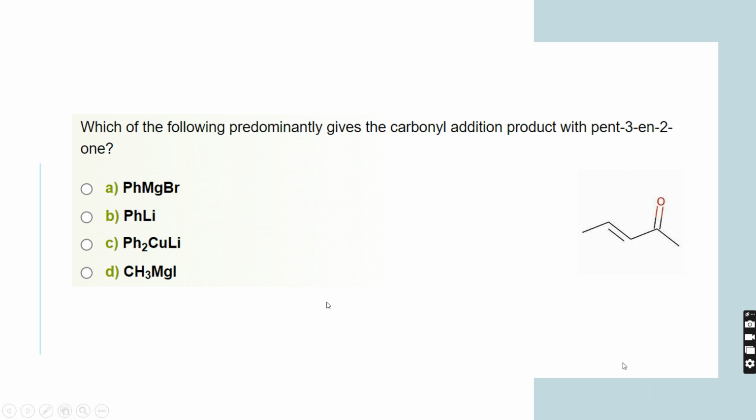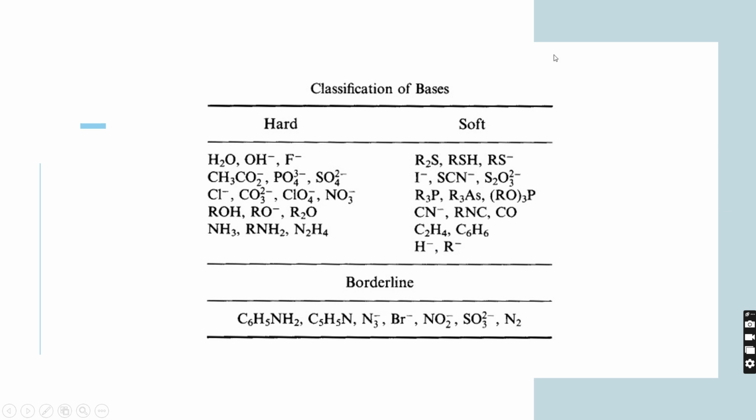We first started today's tutorial with this question where we went through the list of hard and soft nucleophiles, and if you find difficulty in this hard soft concept, you can go through the video lecture provided by Harinath Chakrapani sir. He has very nicely explained this concept of hard soft nucleophile.